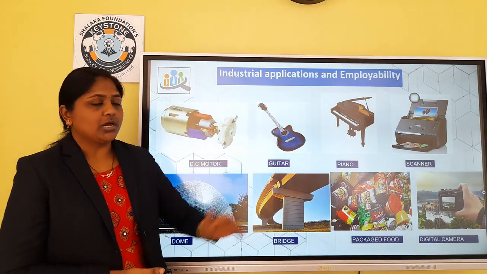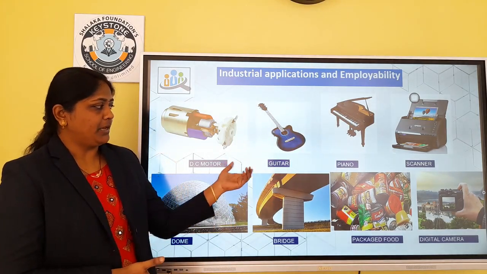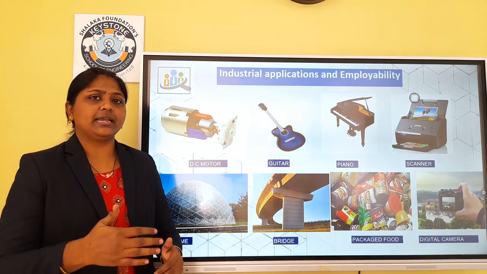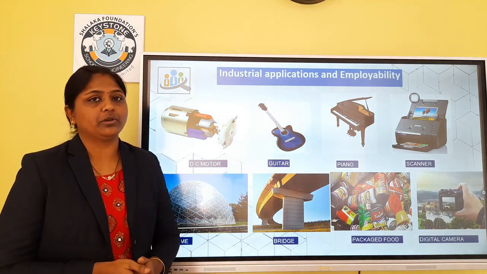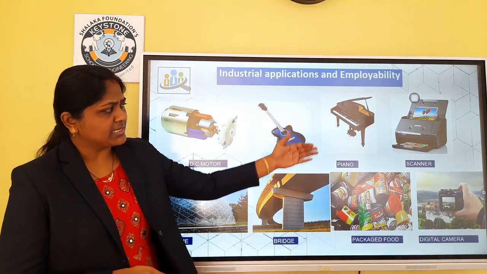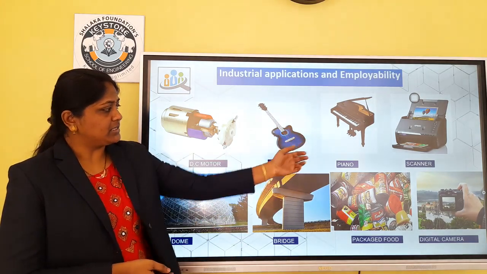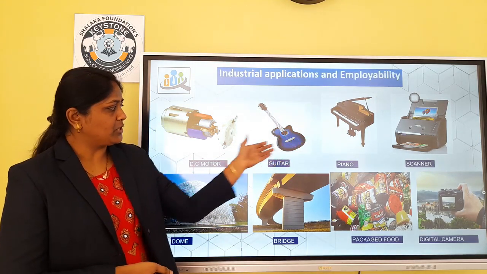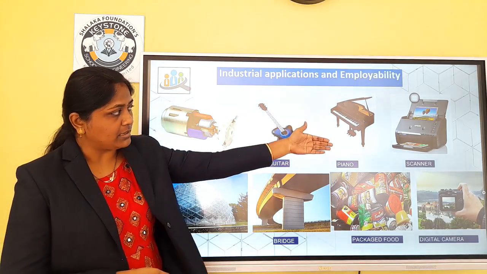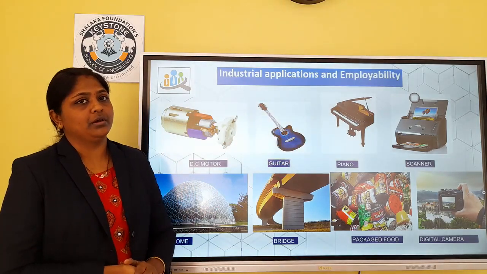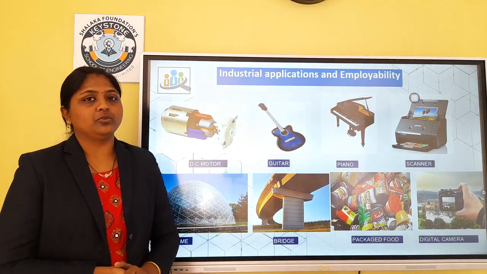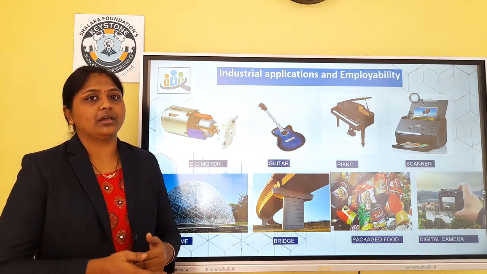In guitar and piano, why are the guitar sounds and piano sounds different? Because it relates to the sound variation with respect to time. Guitar and piano are again applications of differential equations, and the scanner is an application of coordinate geometry. What does a scanner do? It scans documents and we get a hard copy.